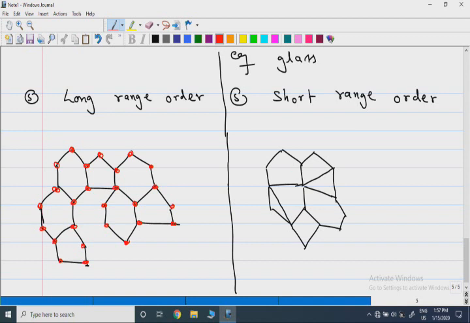Now observe this one. Here no regular pattern is observed, and after small intervals it changes. Short range order means the pattern is very small, and it suddenly changes whenever we move to the next section. So this is the meaning of long range order and short range order. This actually represents their periodic repetition.